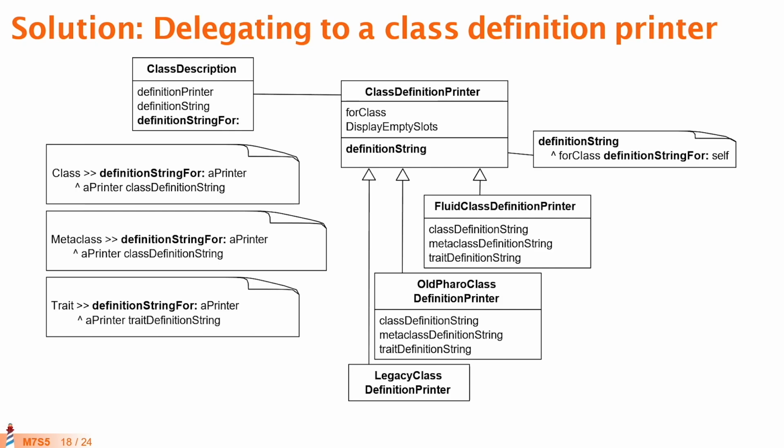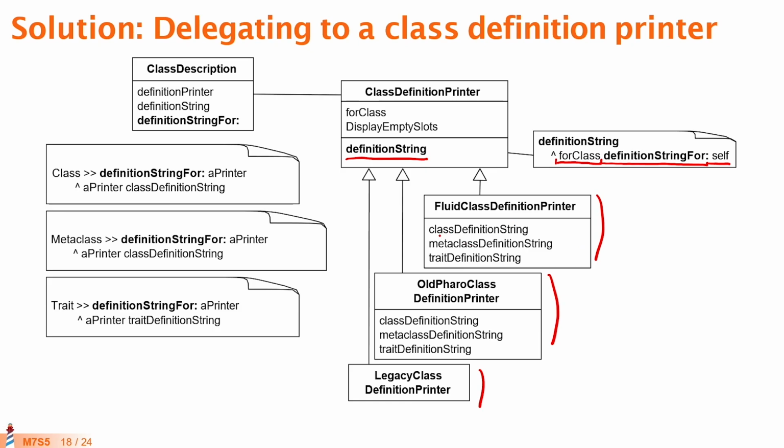You remember the definition string was basically called, and what we see is that definition string will say, in fact, I will not decide, I will just ask the class, hey class, can you give me the definition string for myself, because I am a printer, so if I am fluid, because each printer knows how to print things.